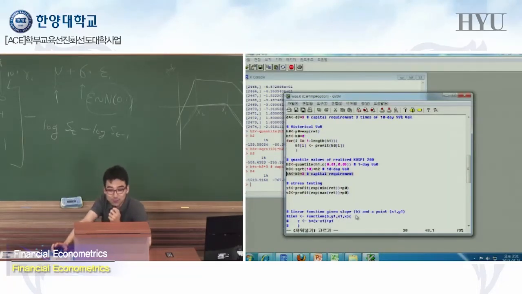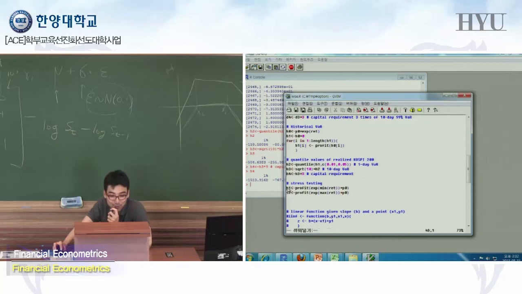And then stress testing. Of course, in the strangle position I lose money if we have a very large positive return or a very negative return. So I take into account both cases. I calculated the minimum of the past returns and the maximum of past returns, changed it by exponential rate growth return and multiplied by P0, so I can calculate possible losses at extreme scenarios, the extreme negative scenario and the extreme positive scenario.